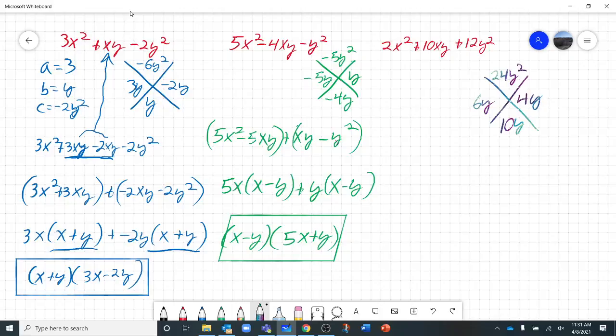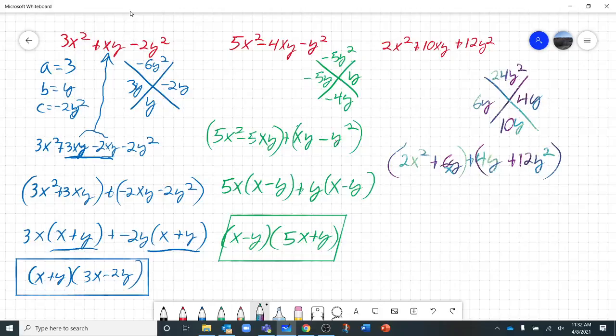Rewrite this out again, and we have 2x squared plus 6xy plus 4xy plus 12y squared. I'm going to take those two and factor and those two and factor. Oh, I did it again.